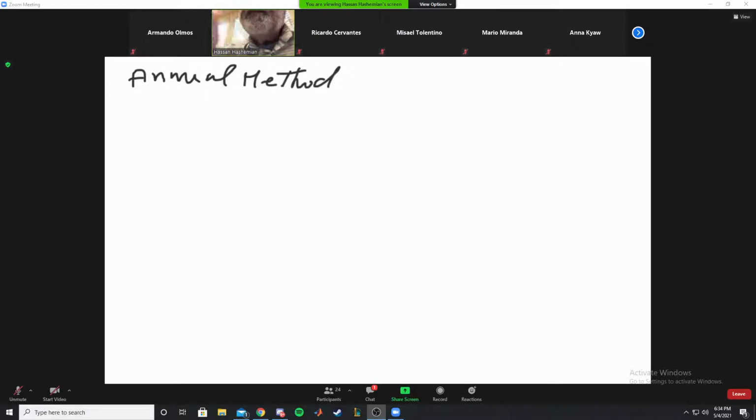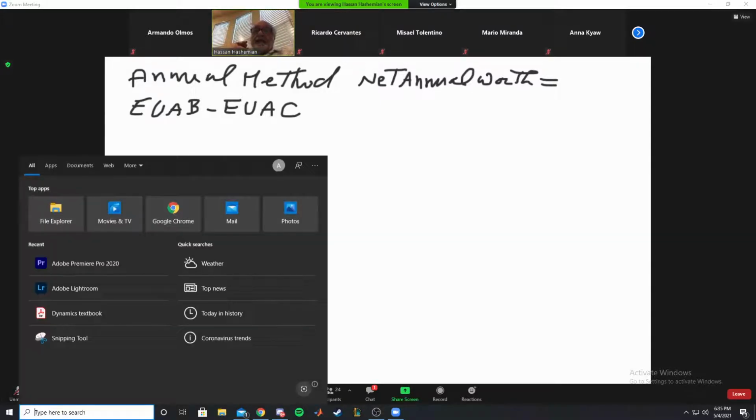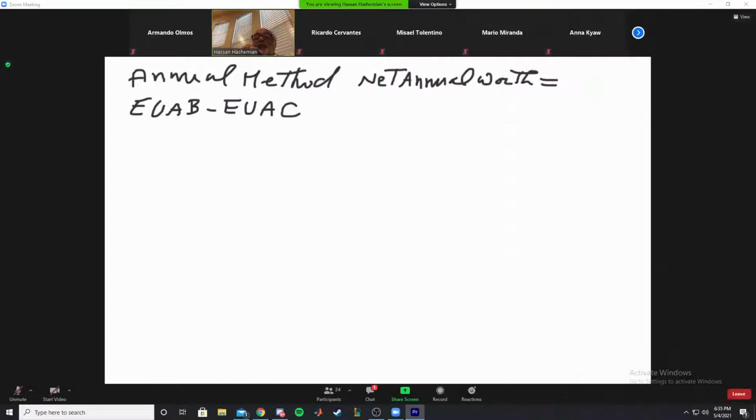By the annual method, you get the net annual worth, which is equal to the equal uniform annual benefit minus the equal uniform annual cost, which means that we make the benefit annually, we make the cost annually, we subtract from each other, and we get the net profit in A. So instead of finding the P, we find the A. But you have to have all the benefit into A, all the costs into A, subtract from each other. Any question on that?